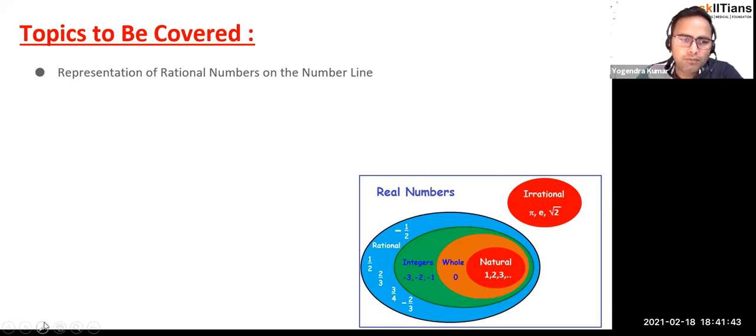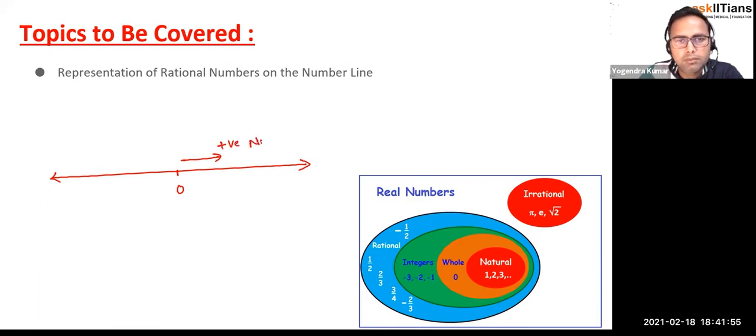I hope you are aware of the number line. In the middle it is 0, and on this side are positive real numbers. Real numbers contain both irrational and rational numbers.